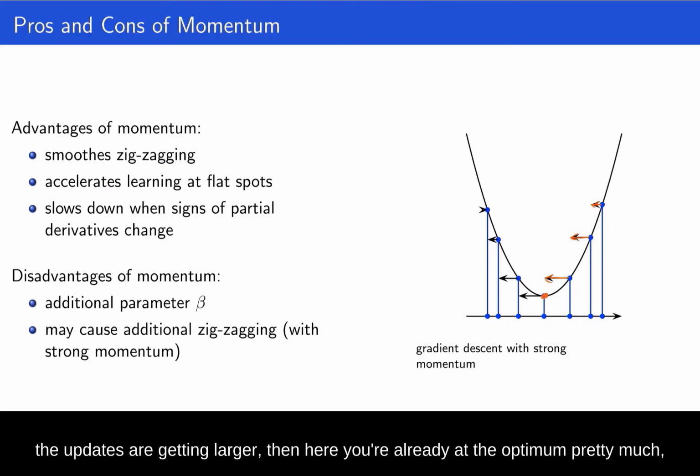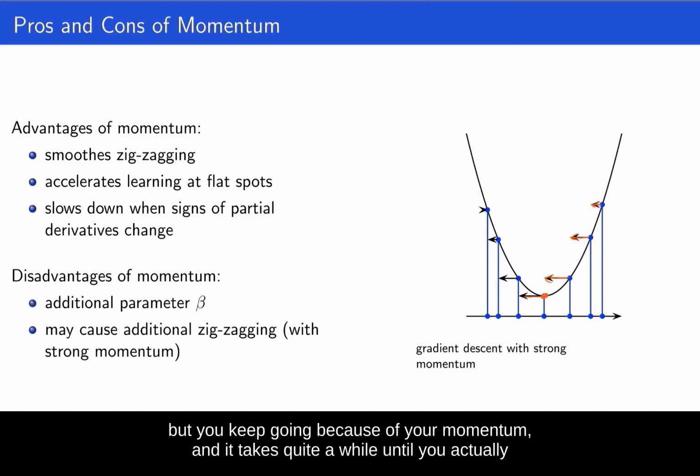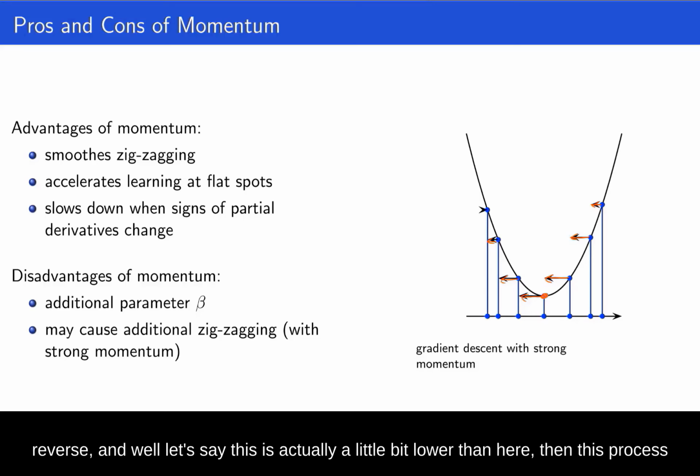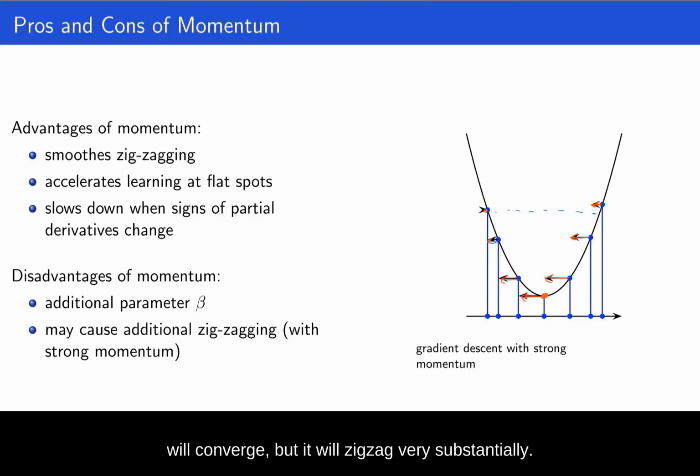Then here you're already at the optimum pretty much, but you keep going because of your momentum, and it takes quite a while until you actually reverse. And let's say this is actually a little bit lower than here, then this process will converge, but it will zigzag very substantially. So too strong momentum can also cause additional zigzagging.